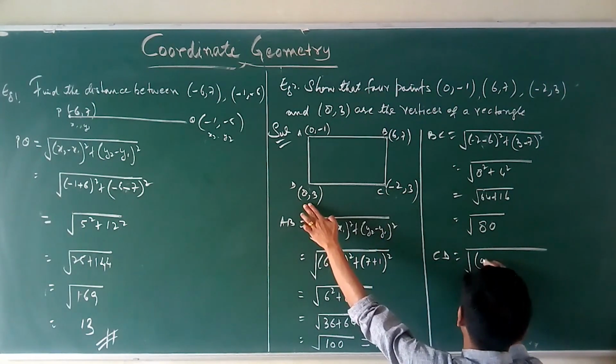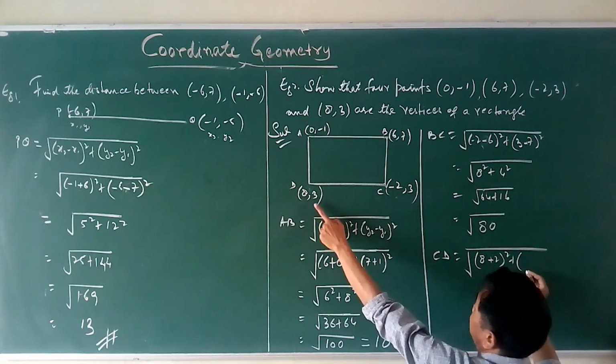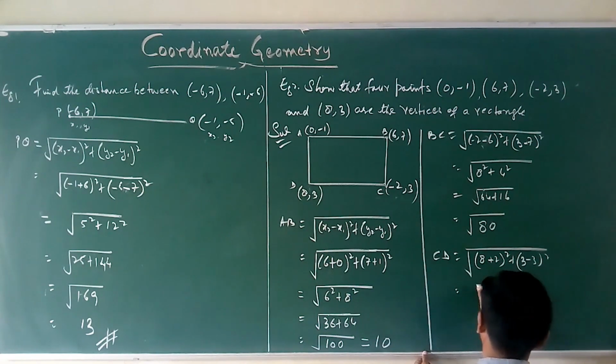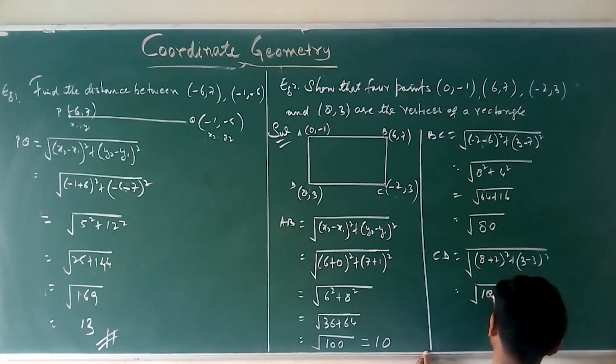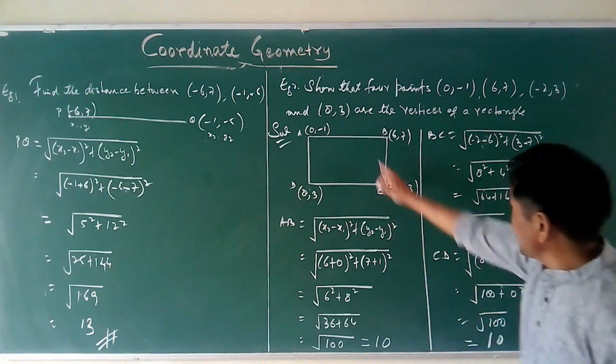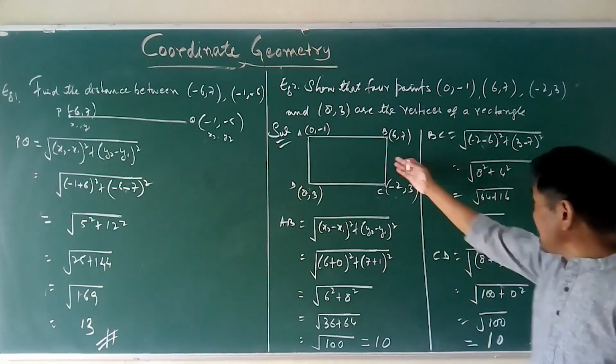So x2 is 8, 8 minus negative 2, whole square, plus y2 minus y1, 3 minus 3, whole square, equal to 10 square plus 0 square, which is equal to 100. So the square root of 100 is 10. Now AB is 10, CD is 10, and BC is 80 and AD is 80.